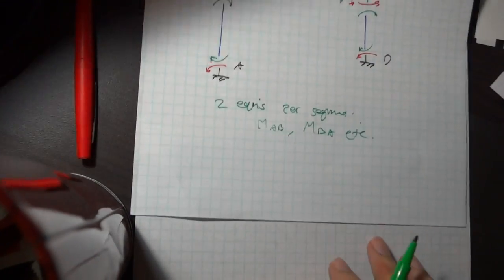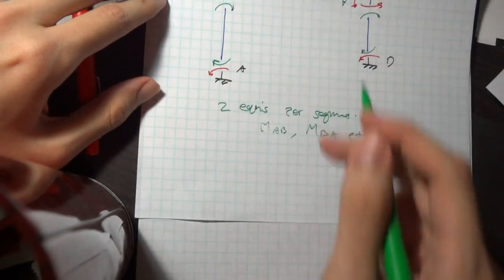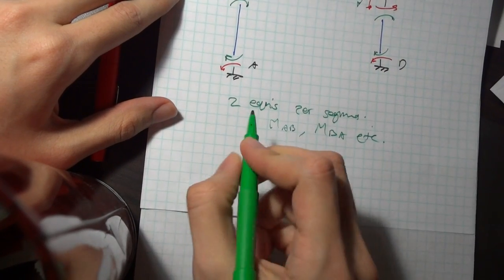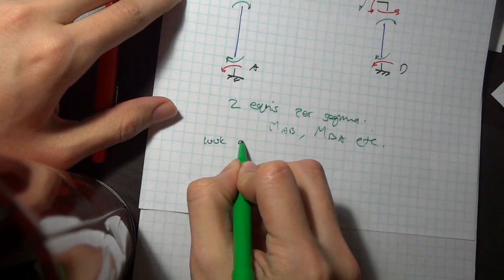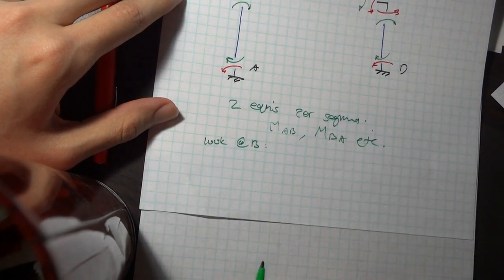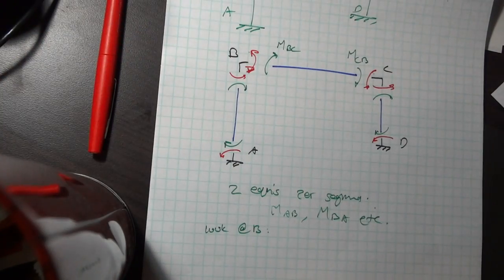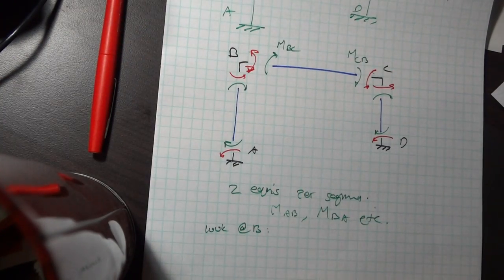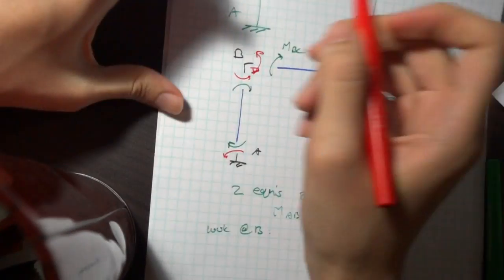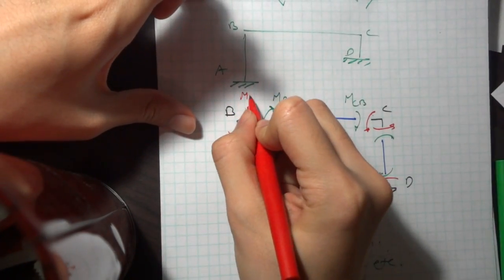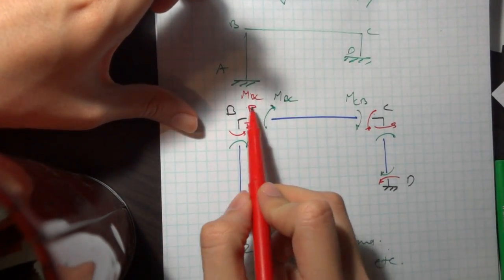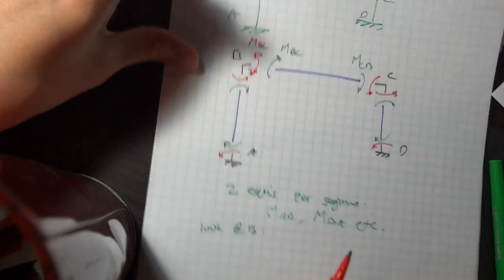So what we're going to do is look at, for example, point B. I have MBC here, and this arrow is also equal to MBC, and these two are equal and opposite.